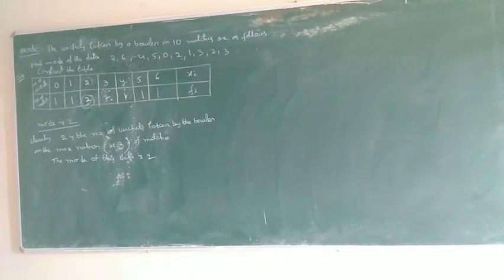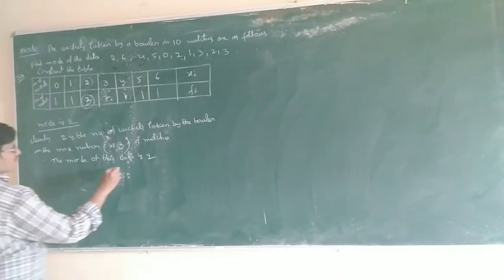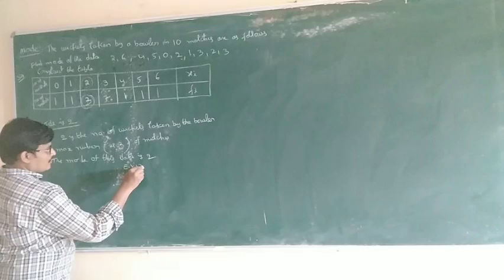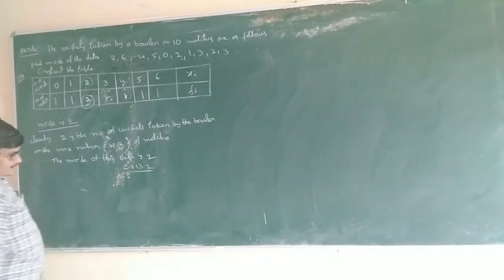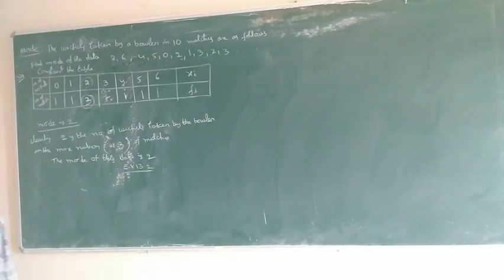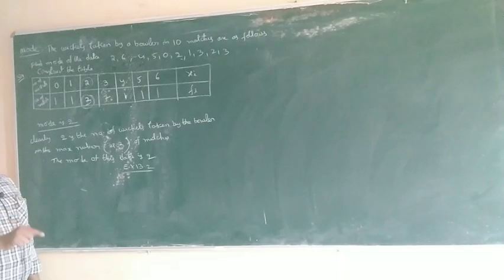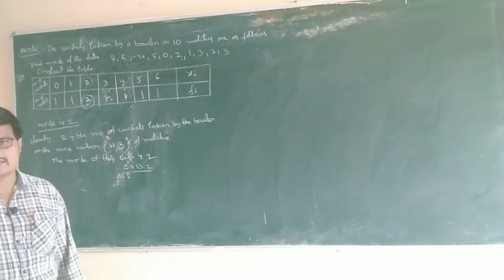This was already discussed in the 9th class. So next, go to the next problem, continuous frequency distribution. That is the problem in the exercise. In exercise 13.2, there are 6 problems in total, and mean and mode both we have to calculate.